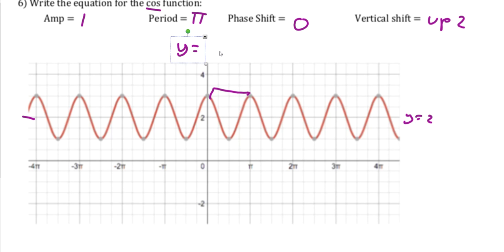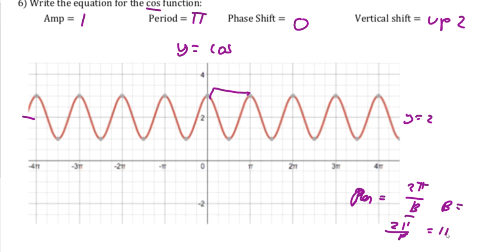All right. I don't need to write the 1 cosine. And here's the tricky part. This is pi. Now remember, period is equal to 2 pi over b. What does b have to be to get this to equal pi? You just do 2 pi over b is equal to pi.